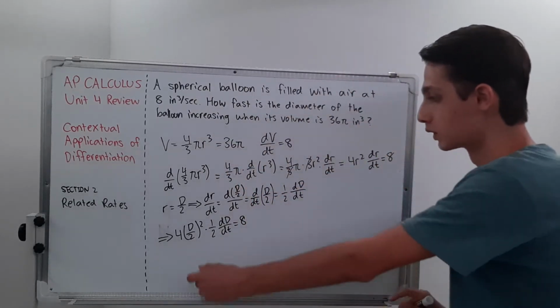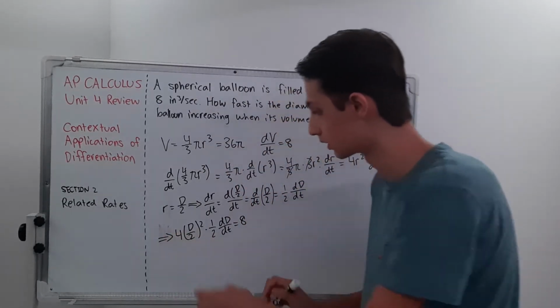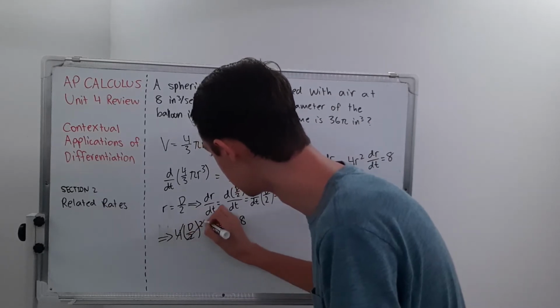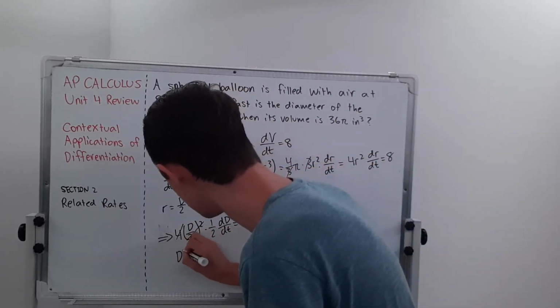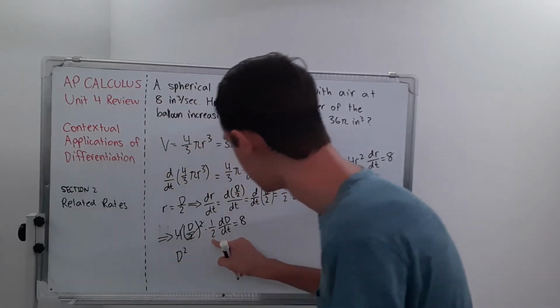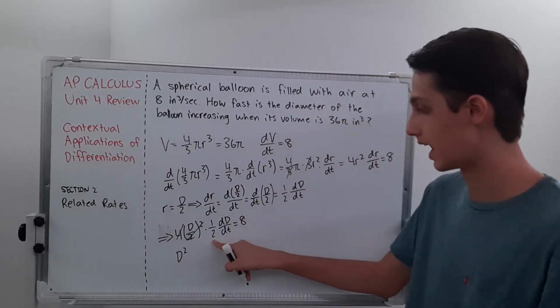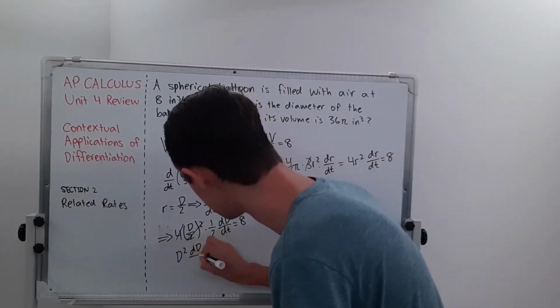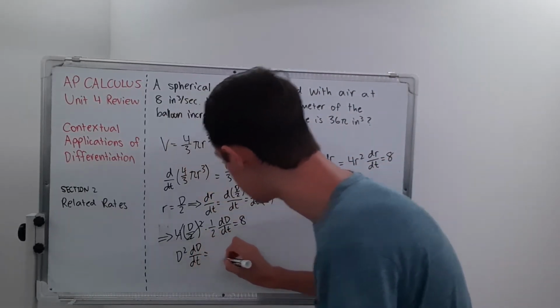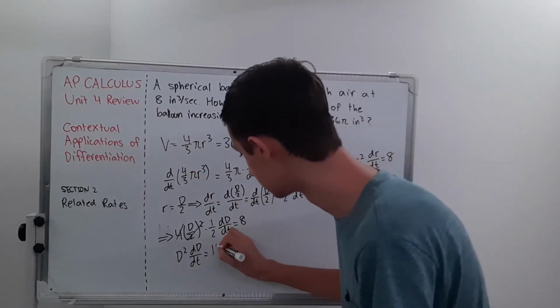All right. So 2 squared is just 4, so this actually cancels with that thing there. So then we get that this is D squared, and then we can multiply both sides by 2, so that we get this is dD over dt equal to 16.